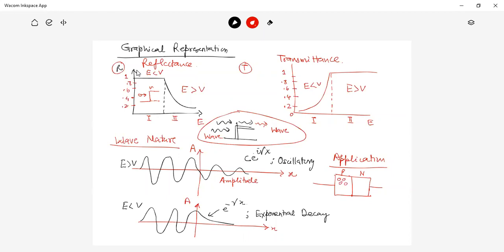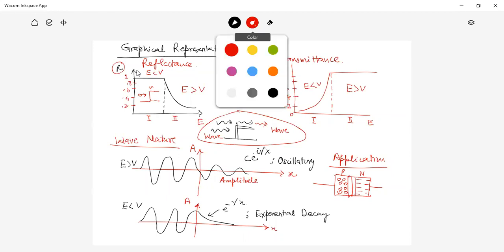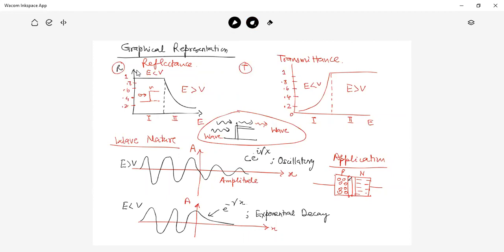Here are the holes, and these are the electrons. And if there is a junction, the depletion region will form.